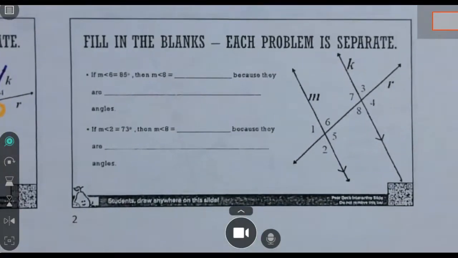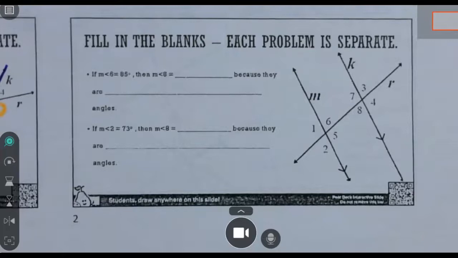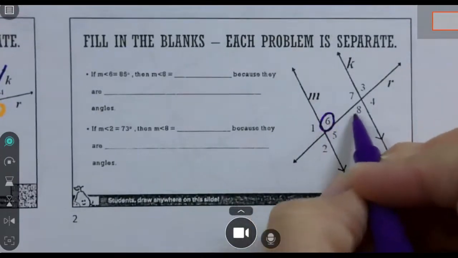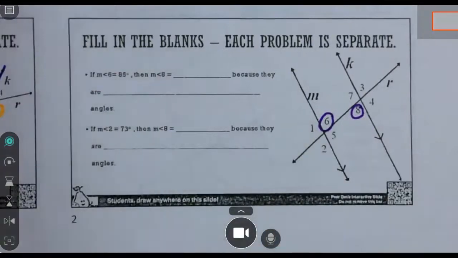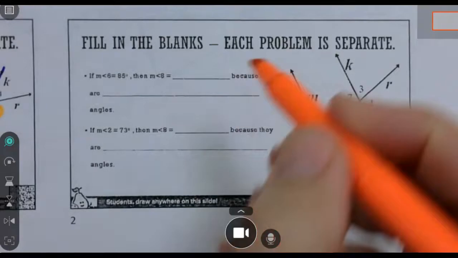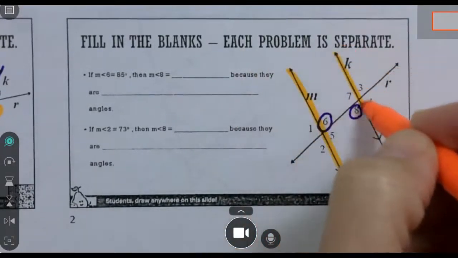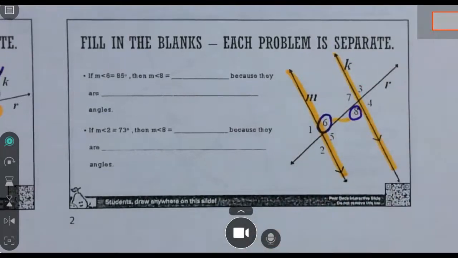And let's look at the last 2. Let's go 6 and 8. It looks like angle 6 and angle 8. So 6 is right here. Angle 8 is right here. They are in between the 2 parallel lines, and they do alternate which side of the line that they are on.